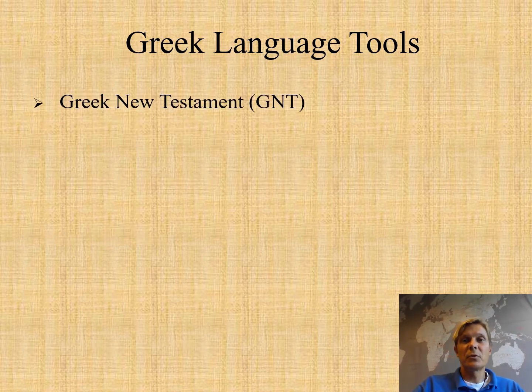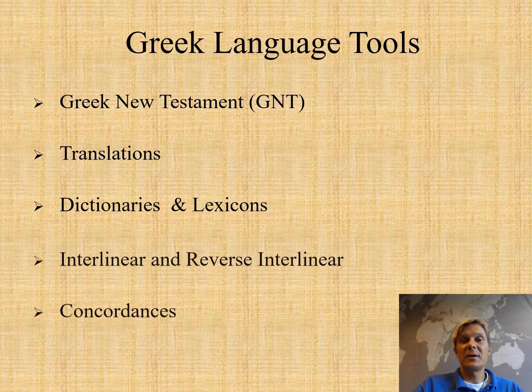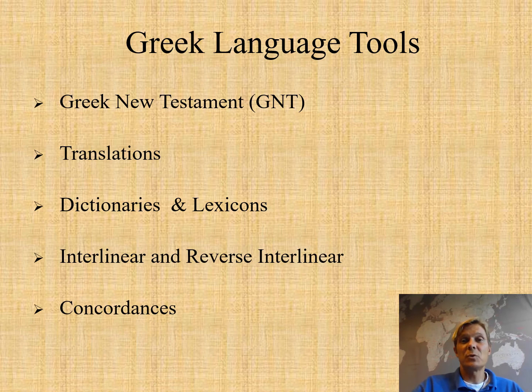Some of the most important tools for the student of the Bible, obviously thinking about the New Testament, we would need a Greek New Testament. We would want to use various translations, some which are more literal and others that are maybe more dynamic. Then we need to learn to use different dictionaries and lexicons and also evaluate how they differ from one another and which one is most useful for your specific purpose.